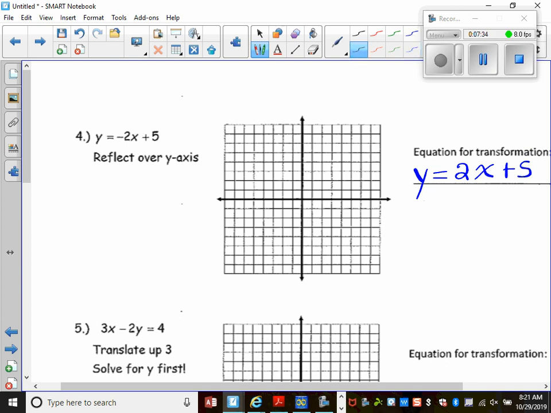So for number 4, I'm going to start with positive 5. I'm going to go down 2 over 1, down 2 over 1, down 2 over 1.